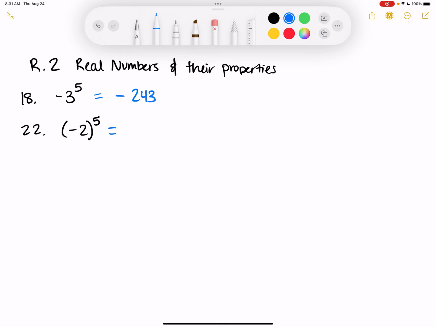Yep, and it's going to also be negative because this is being raised to an odd power. So the negative's going to stay.